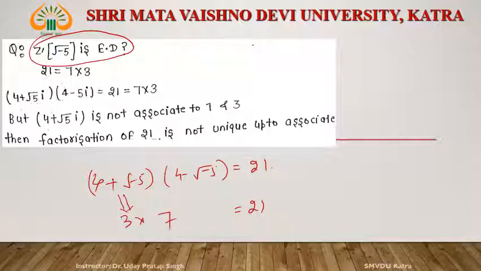They are not units, not associates. So there are two expressions of 21, and they are not unique in terms of associates. So this is not a UFD, not a PID, not an ED. Okay.